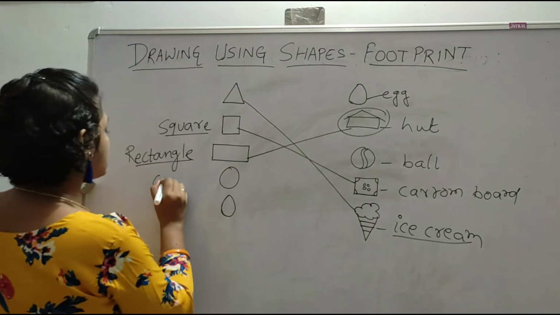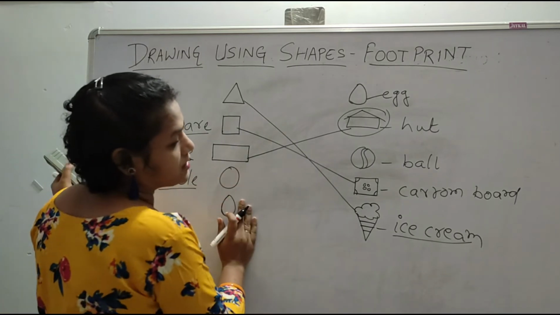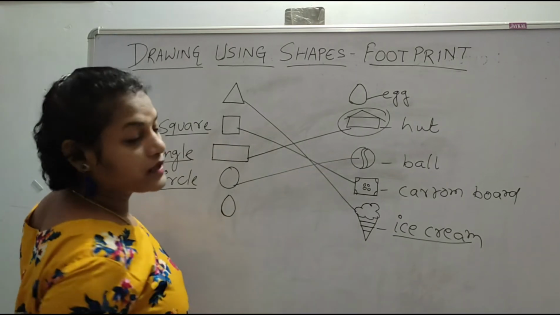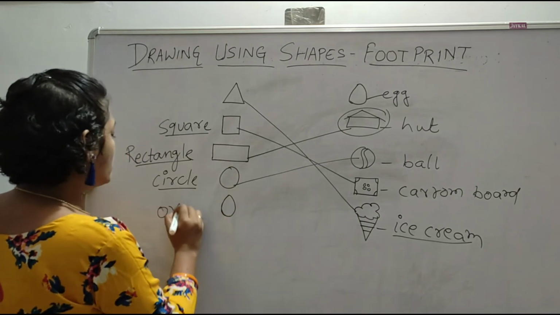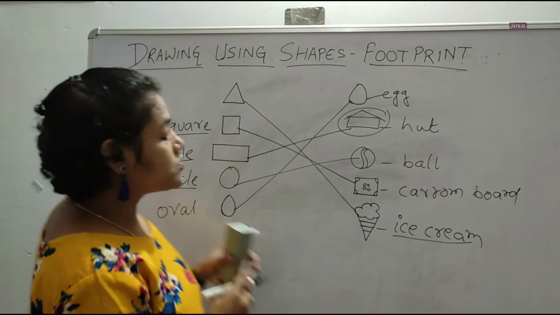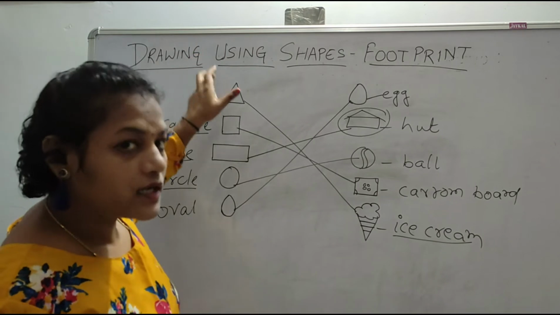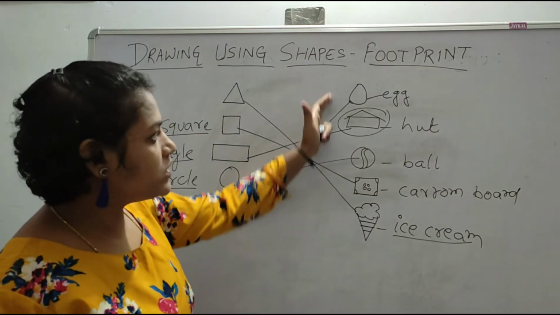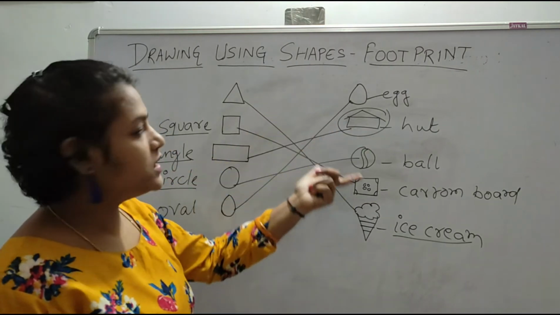Next is my circle. This circle I can match with my ball, right? And last is my oval shape. That I can match with the egg. So friends, what I mean to say here is, if your kid is unable to remember these shapes, you can take these examples, because we use these in day-to-day life. Egg, many are eating.